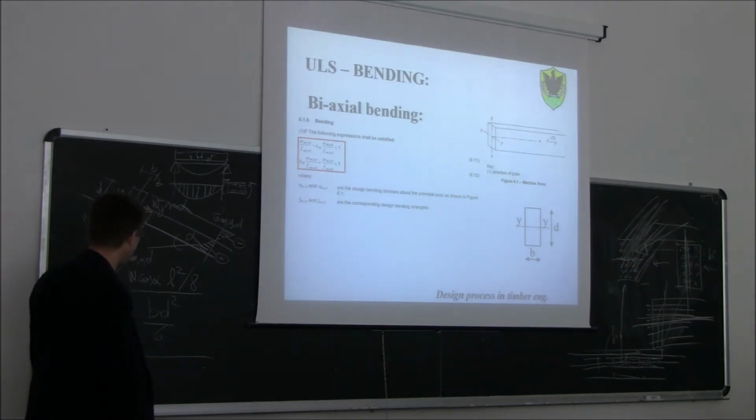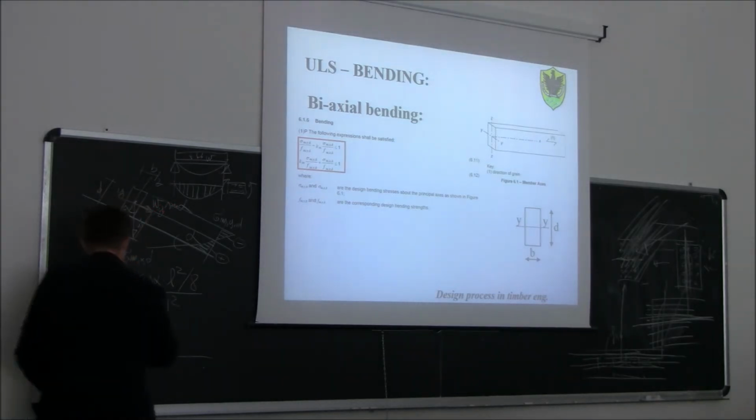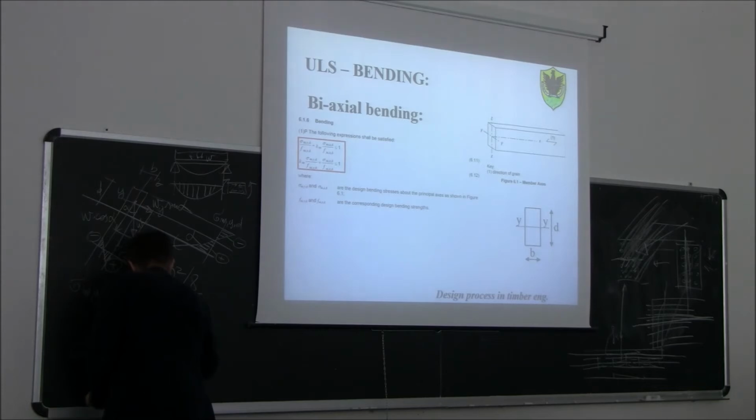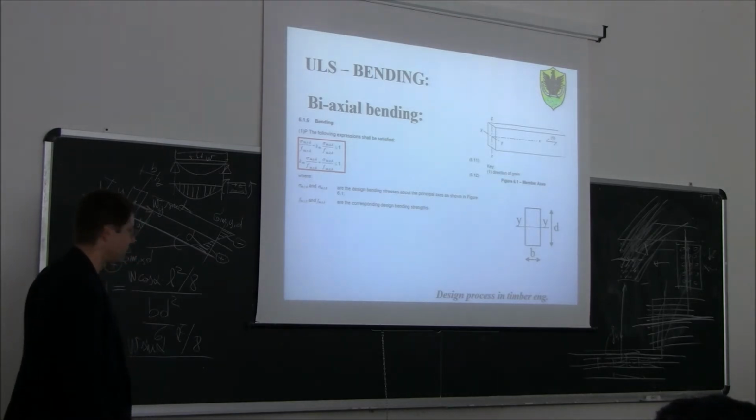What is the load in this case? Consider W times sin alpha times L squared divided by 8, and underneath, as a section modulus, what do we need to consider?